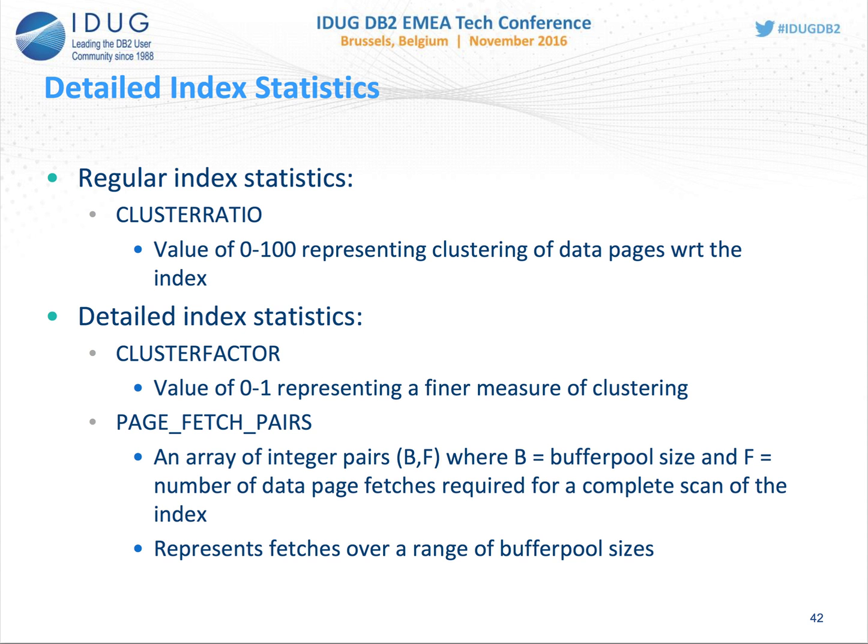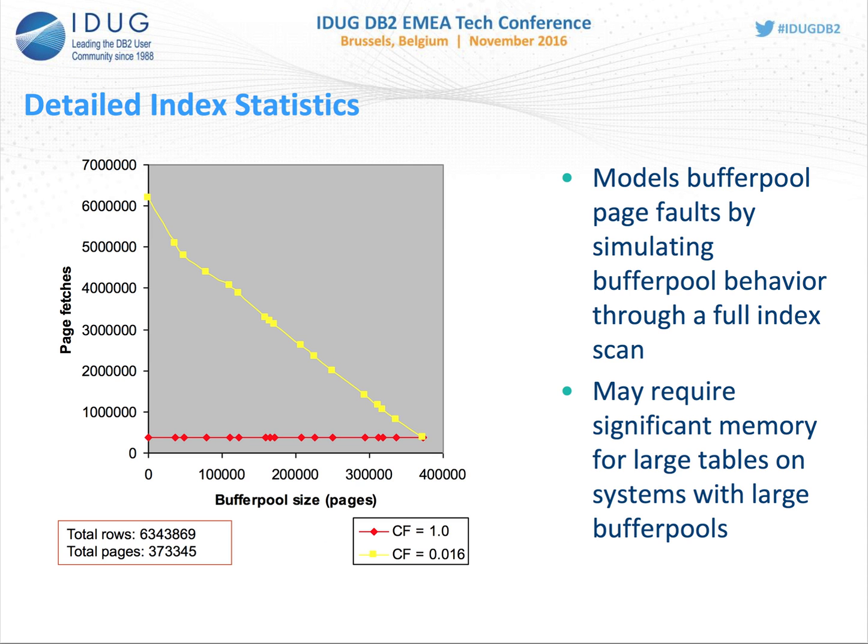The idea with the page fetch pairs is that it's a set of 10 pairs of numbers. One value represents a buffer pool size, and the second represents the number of fetches that would occur if your buffer pool was only that size. How many I/Os would you need to do if you read all the data pages through the index?